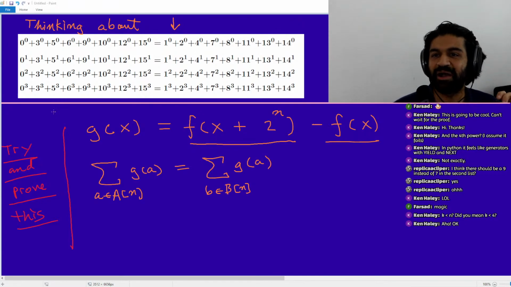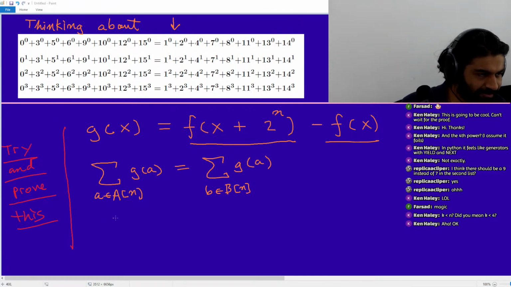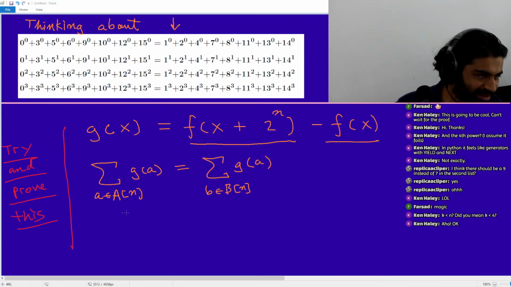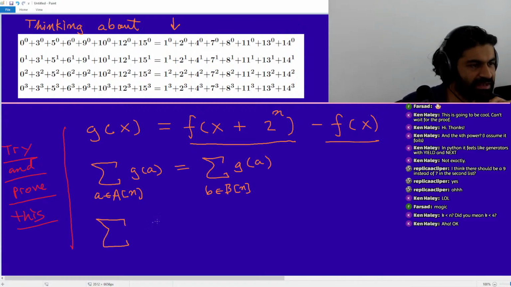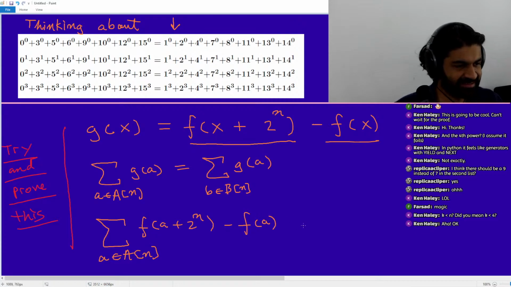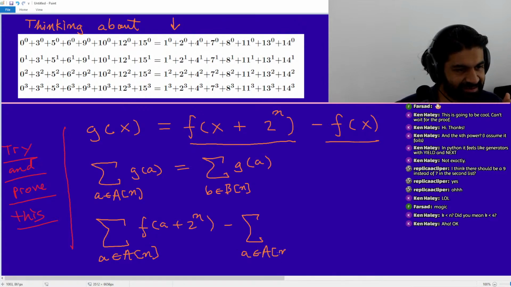But now I want you to remember something. The terms in an can be broken up into, well, actually, let me write this out. Remember, g of x is equal to this, so I can just do this. Take all the terms in an: the sum of f of a plus 2 to the n minus the sum over all a's in an of f of a.